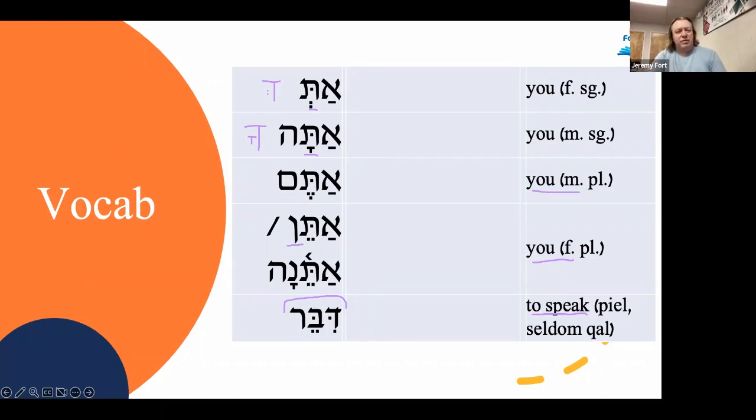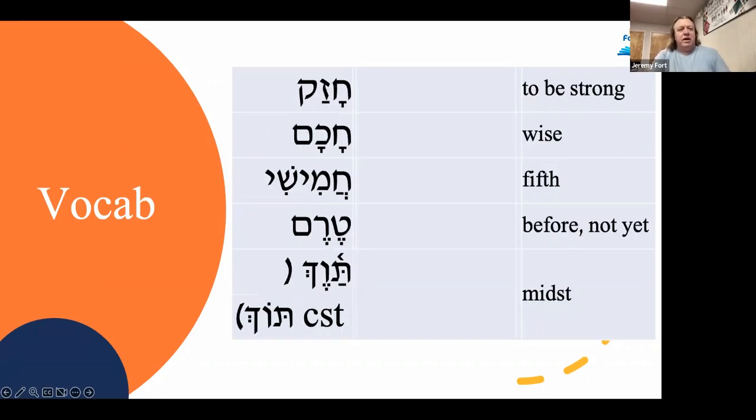We're wrapped up. Chazak. It's to be strong. He is strong, or he was strong. Chakam means wise. If you've heard the word chokhmah, this is the same root of that. Chakam.